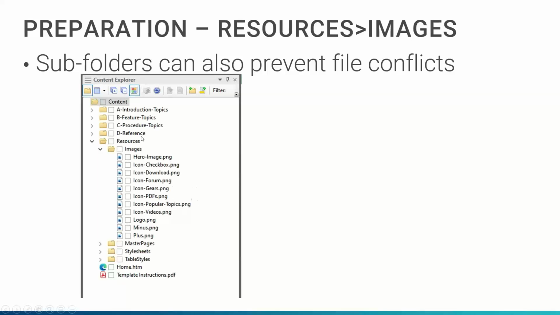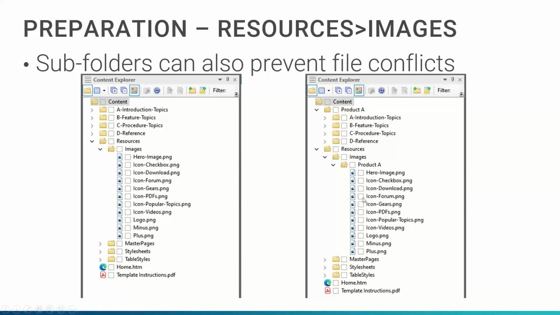So on the left, again, this is very typical, and we're going to modify it as on the right. On the left, all of our images are just in resources and images. That is how Flare will default when you're adding image files to your Flare project.